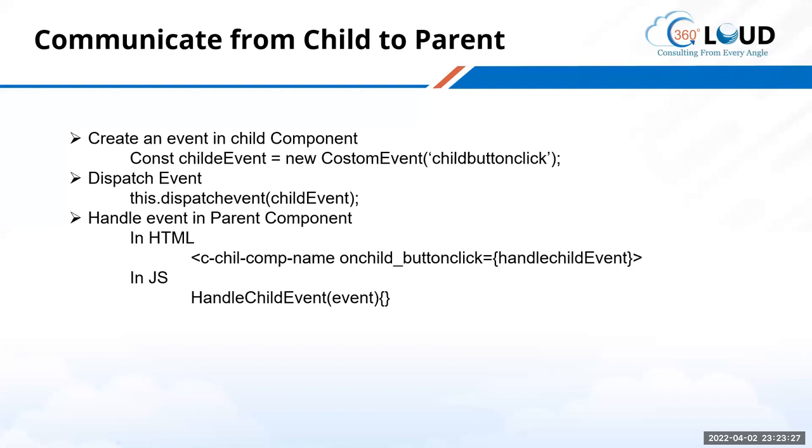It will fire parent to child again and override the values. So if you are doing that, make sure you create different components, one parent to child in one component, and one parent to child in a different component.